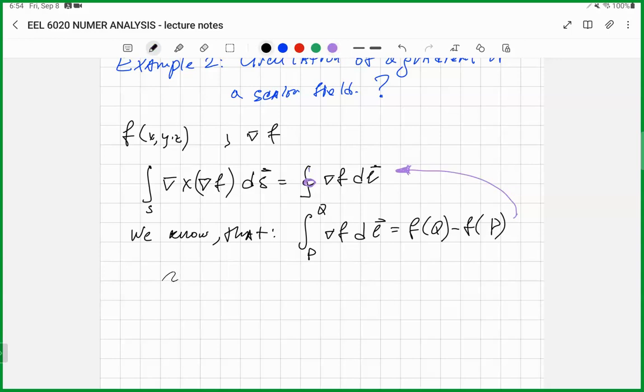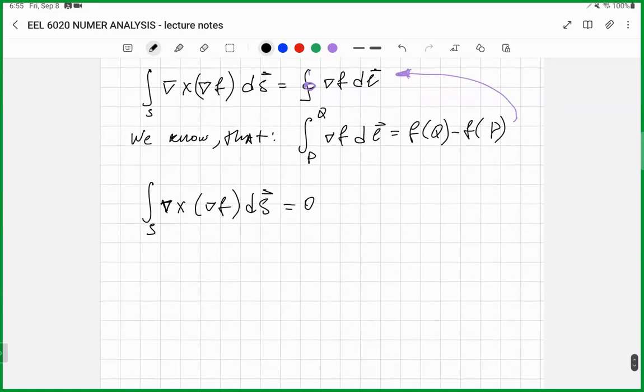So we conclude that for any scalar field and for any loop, any surface, the flux of the curl of the gradient through any arbitrary surface is equal to 0.